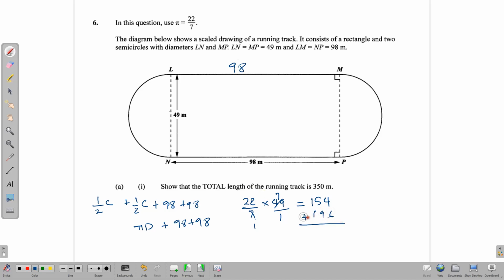And adding those together, 6 plus 4 is 10. Carry 1, that's 9 plus 1, 10, 15. And carry 1 again. So there we have that the length of our track is indeed 350 meters.